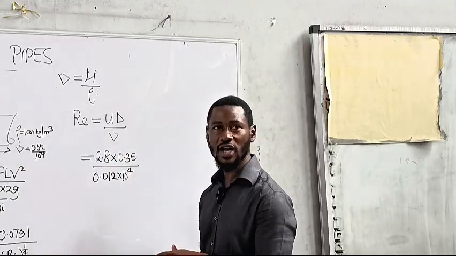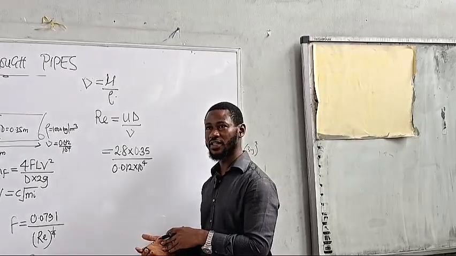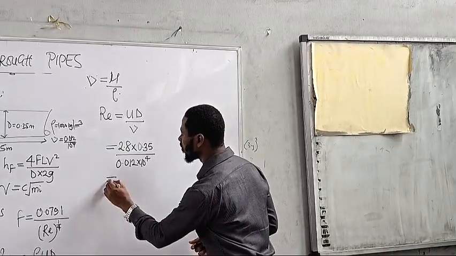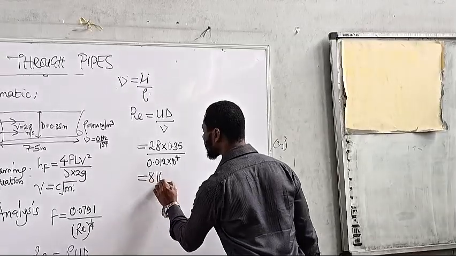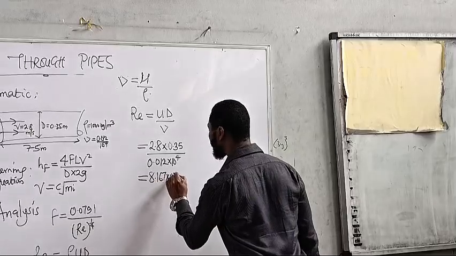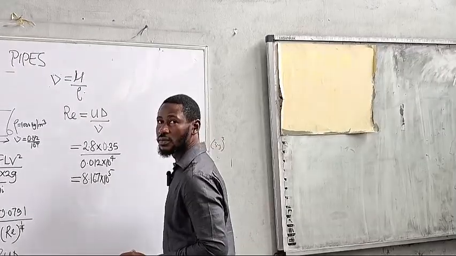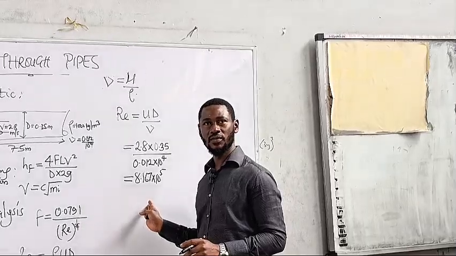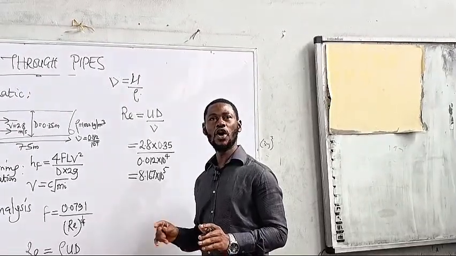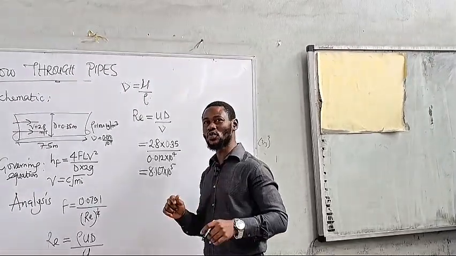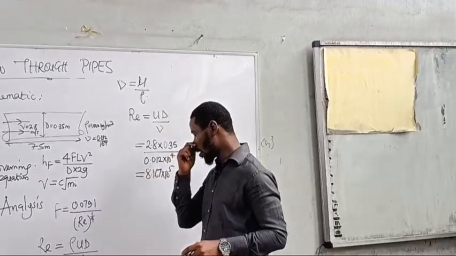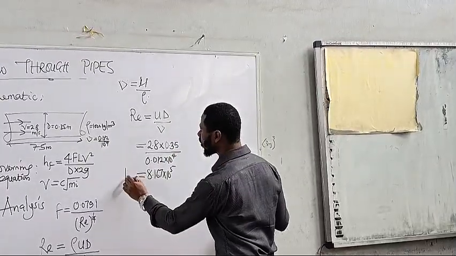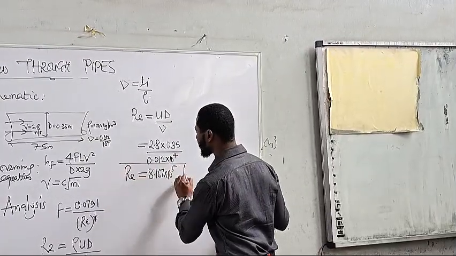When you punch your calculator, the value is 8.167 times 10 raised to the power of 5. Are we going to add any unit to this? No, because it is a dimensionless quantity. So the value of the Reynolds number is determined as this.